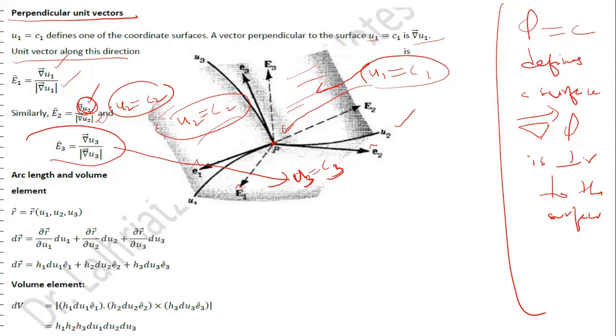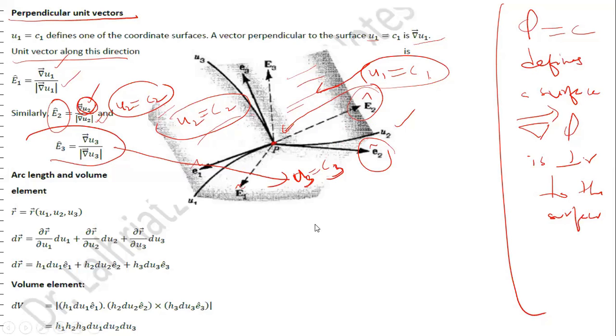Divide by the magnitude, and you get the unit vector E2 cap. E2 cap is perpendicular to the u2 equal to c2 surface at this point. So the perpendicular unit vectors and tangent unit vectors are not necessarily pointing along the same direction. So we can define two sets of unit vectors in this orthogonal curvilinear coordinate system.